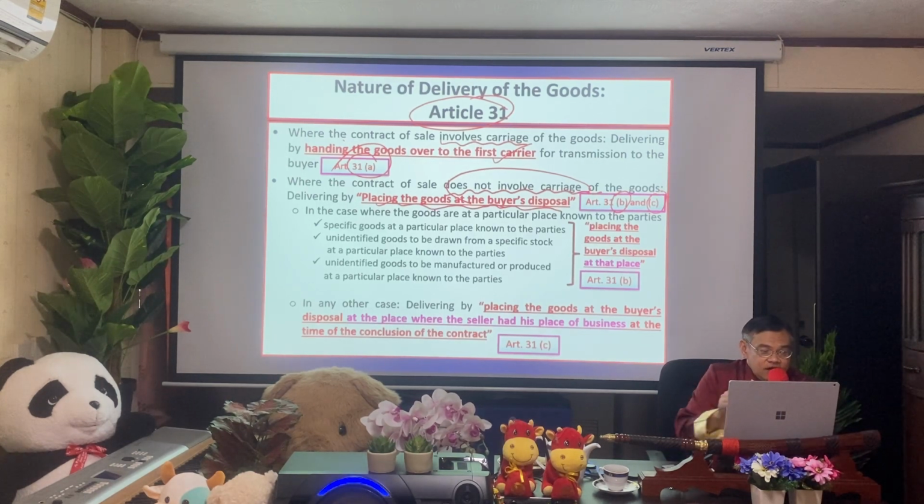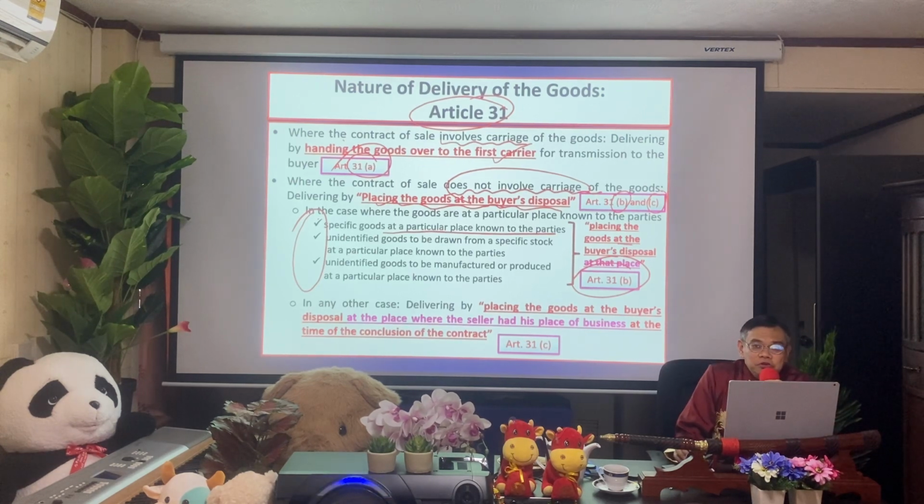In this case, we will have to distinguish and split into three sub-cases. The first one is that the goods which are sold are specific goods at a particular place known to the parties. In that case, Article 31(b) says that delivery will take place when the seller places the goods at the buyer's disposal at that place.